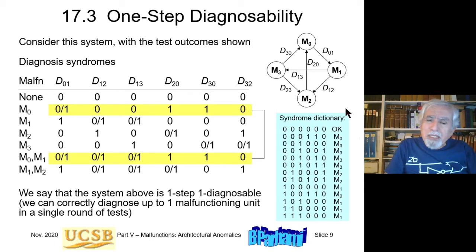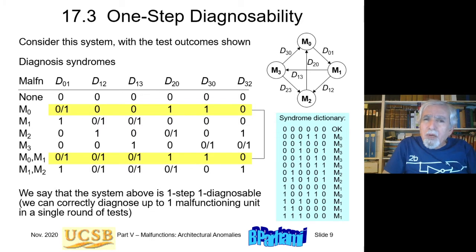So if we run the diagnostics and find the 6-bit syndrome, we can consult this syndrome dictionary and read out directly which unit is malfunctioning, as long as we are sure there's at most one malfunctioning unit.